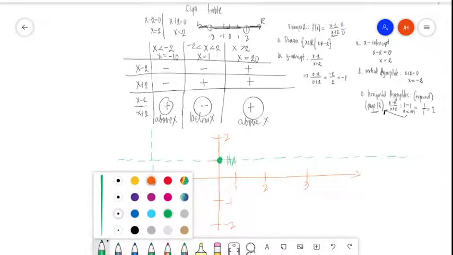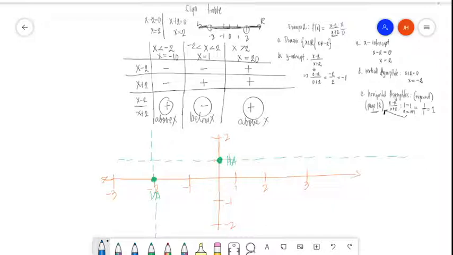Next, I'm going to use dark blue for our x and y intercepts. Let's start with the y-intercept, which is negative 1. And for our x-intercept, we have positive 2. Wait, something is wrong. The y-intercept should be on the y-axis.